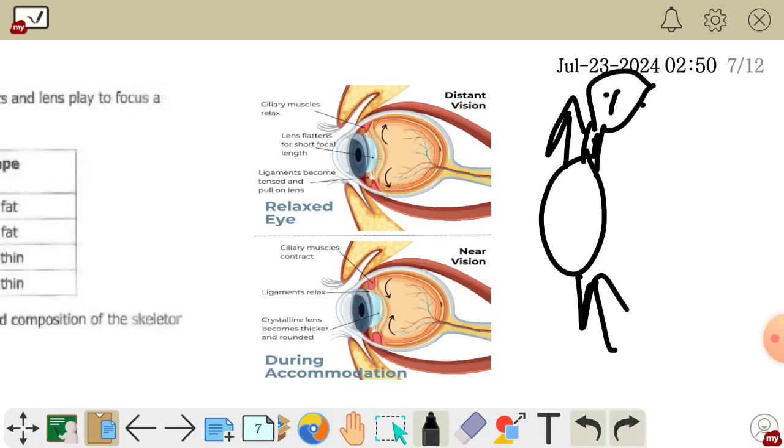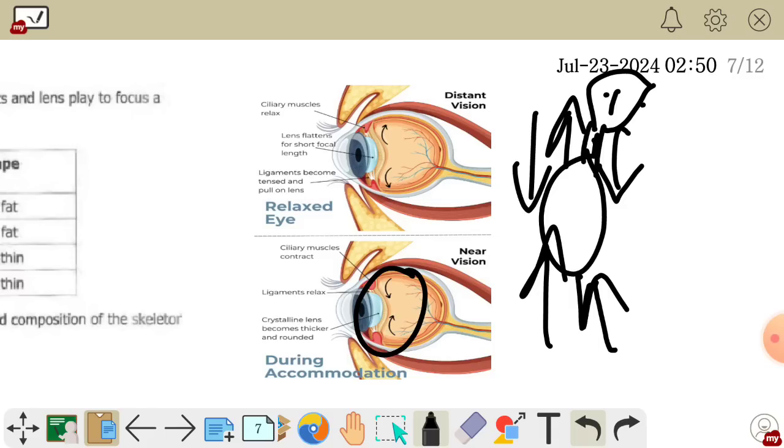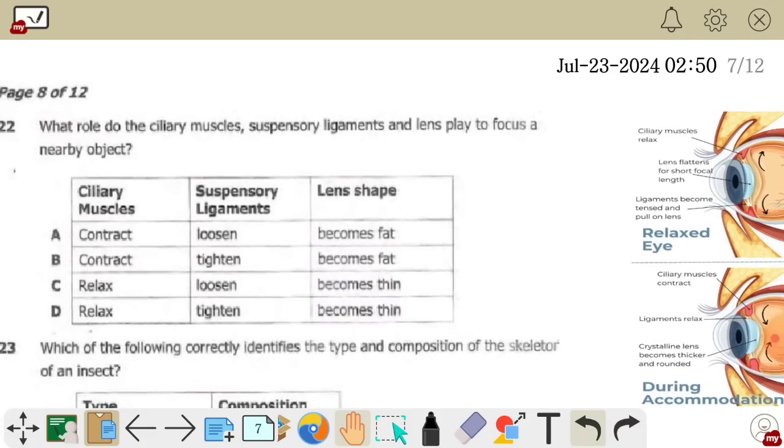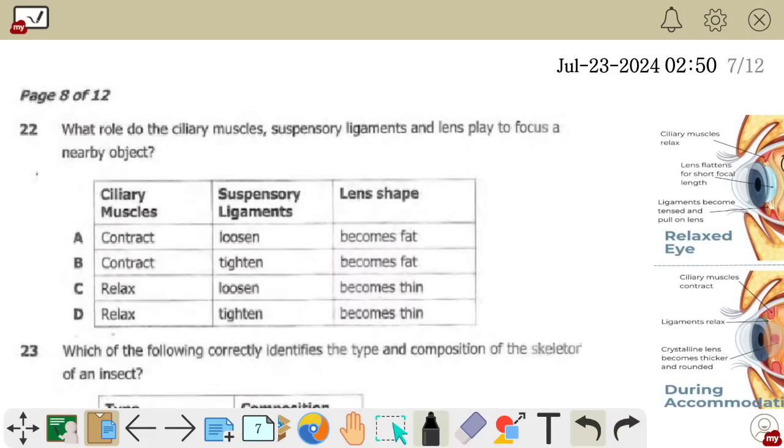When they contract, they will push this lens like that, as shown in this diagram, and this lens will become fat. So that's why we are saying the correct answer here is the ciliary muscle. When you are seeing a near object, it will be contracted, the suspensory ligament will loosen, and the lens will become fat. So the correct answer there is A.